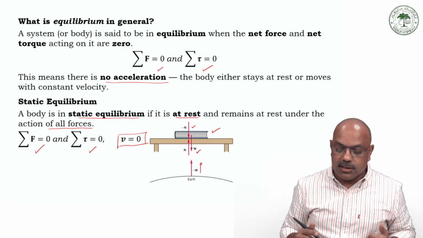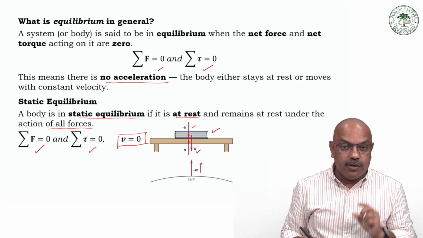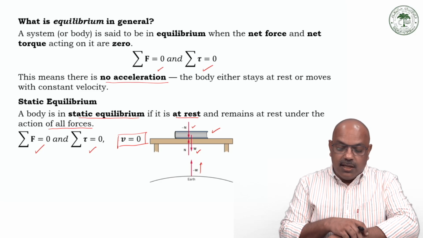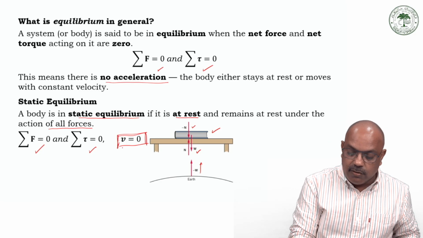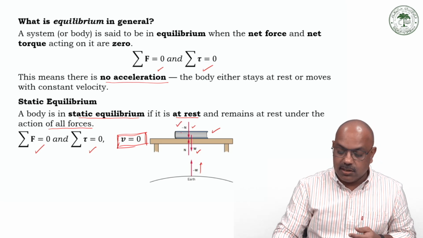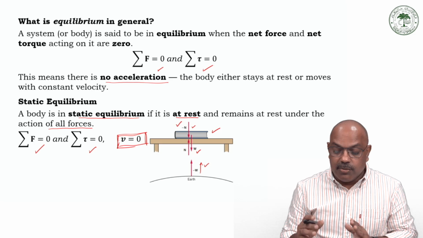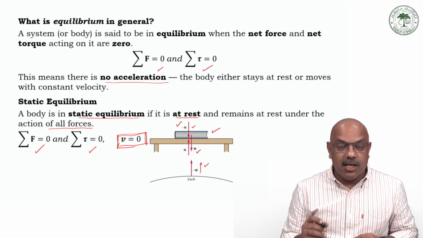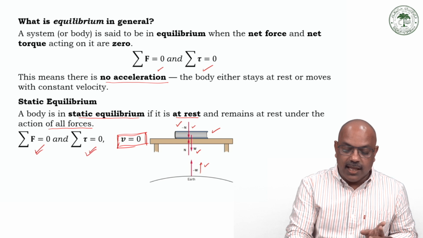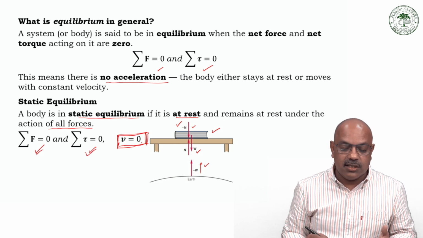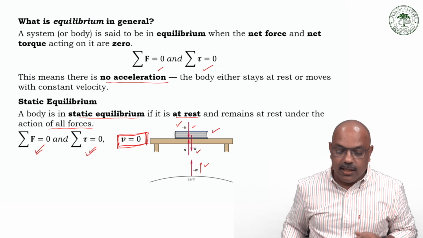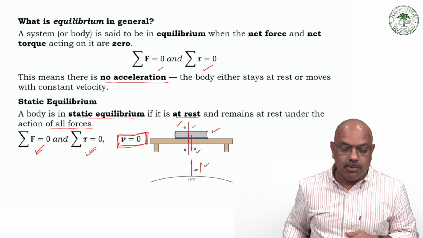The total force is not able to move the book, because the book is at rest, so the velocity is zero. The normal force and gravity are acting on the system, but in spite of the forces acting, the total effective force and the torque are zero, and the velocity is zero. That is known as static equilibrium. The system is completely at rest. This is what we mean by static equilibrium.